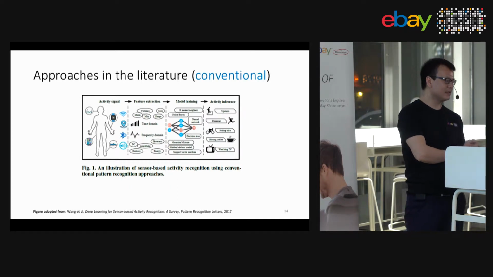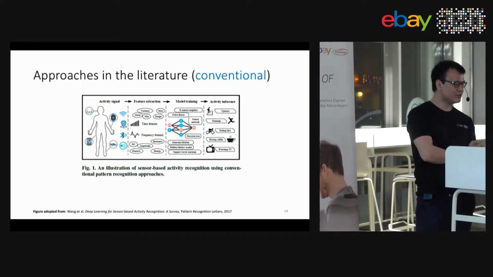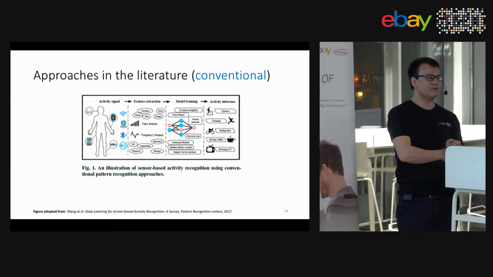These classifiers are conventional machine learning methods, like k-nearest neighbors, support vector machine, etc.